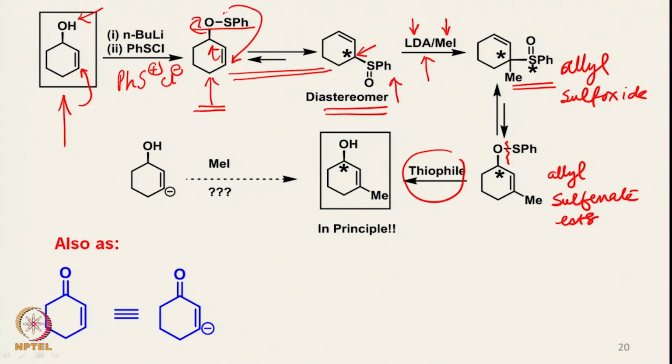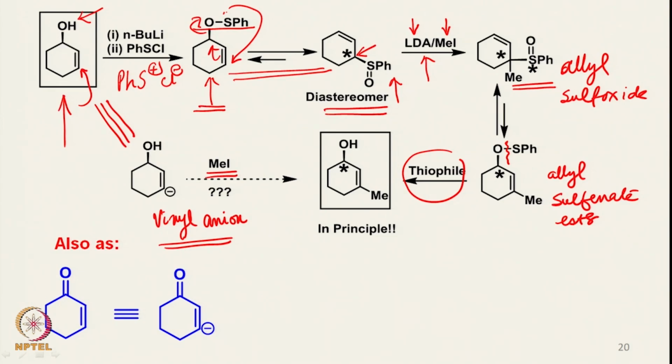You make another sulfoxide which then is in equilibrium with the allyl sulfenate ester, then thiophile cleavage, and then you get the methyl. So essentially we have made this particular compound as an equivalent of a vinyl anion, to which we have added the methyl iodide.